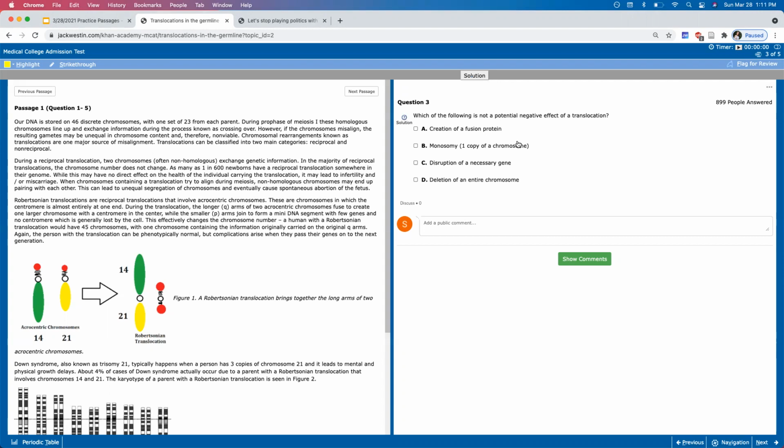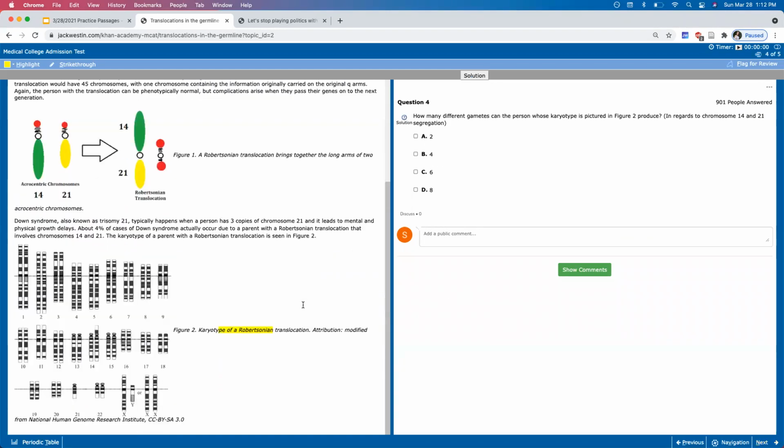Translocation involves the insertion of genes. If we're inserting something, it's just exchanging the material between chromosomes. You're not deleting the entire chromosome. So that's why D is the answer. And the other parts can happen during a translocation.